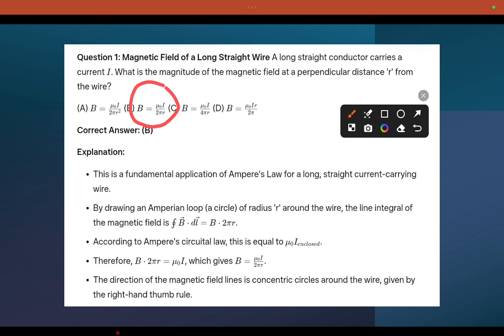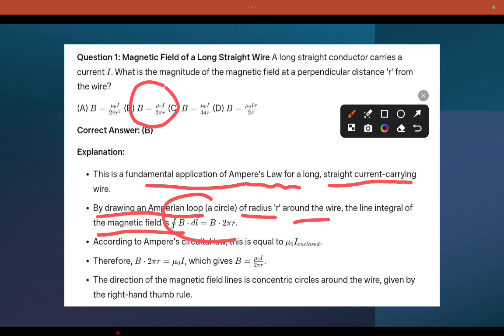This is a fundamental application of Ampere's law for a long straight current carrying wire. By drawing an Ampere loop of radius r around the wire, the line integral of the magnetic field is B dot dl equal to B into 2 pi r. According to Ampere's circuital law, it is equal to mu naught I, where I is the enclosed current.